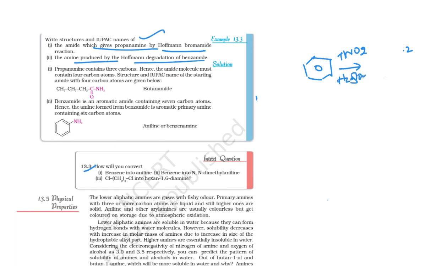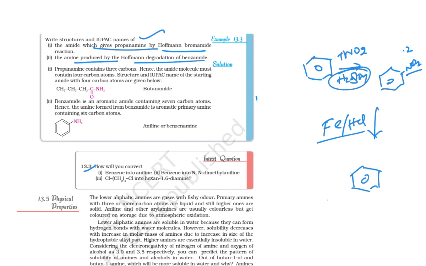What is the use of H2SO4 in the nitration? Generation of the electrophile. What is your electrophile? NO2 is the electrophile. So your benzene gives rise to nitrobenzene. If the nitrobenzene undergoes the reduction reaction, what is it going to give? Aniline, right? That is the first reaction, benzene into aniline.